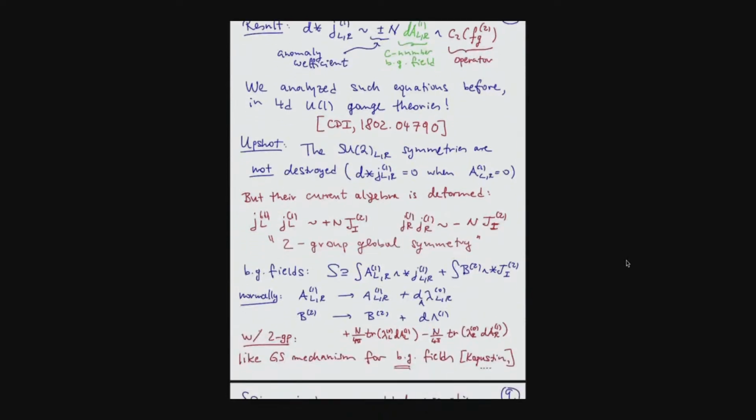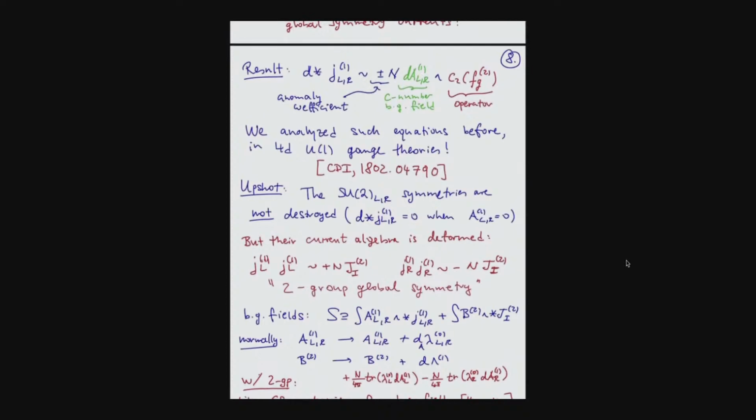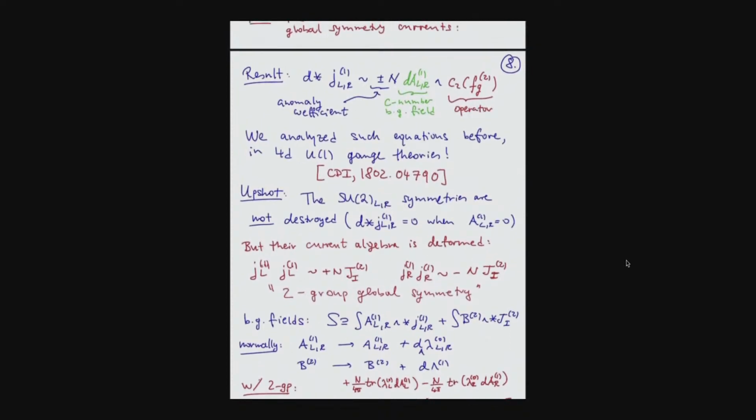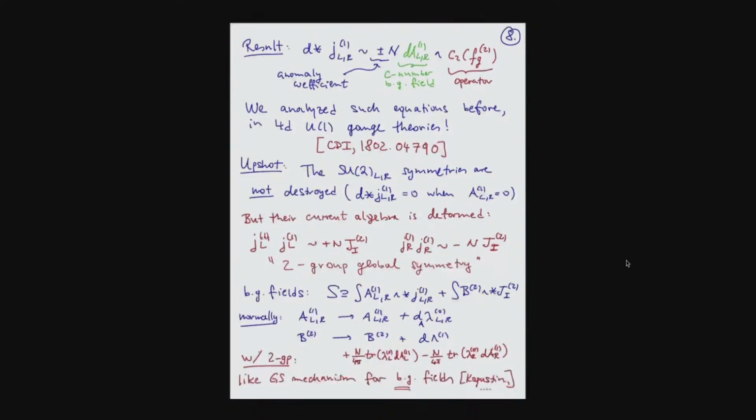And this is one manifestation of the fact that this theory enjoys a certain kind of global symmetry that is mathematically known as two-group global symmetry.